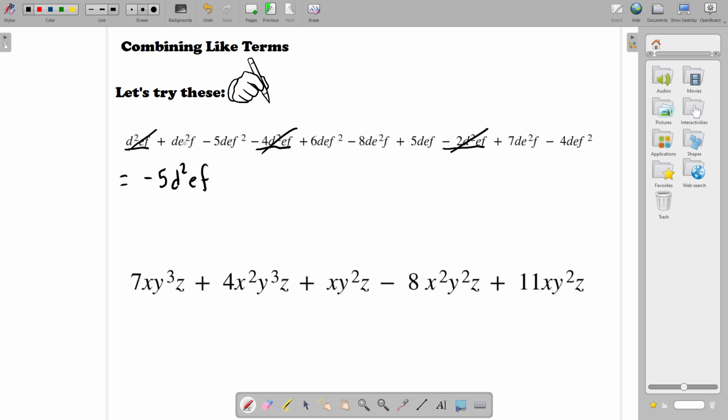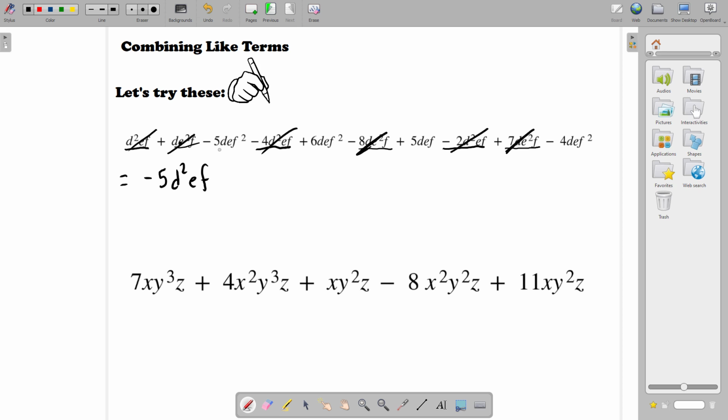Then we have a D E squared F, and here's another D E squared F and another D E squared F. So I have a 1 D E squared F, negative 8 and positive 7. Well, the negative 8 and the positive 7 is going to give me a negative 1. The negative 1 and the positive 1 are going to add up to 0, so those terms completely add out.